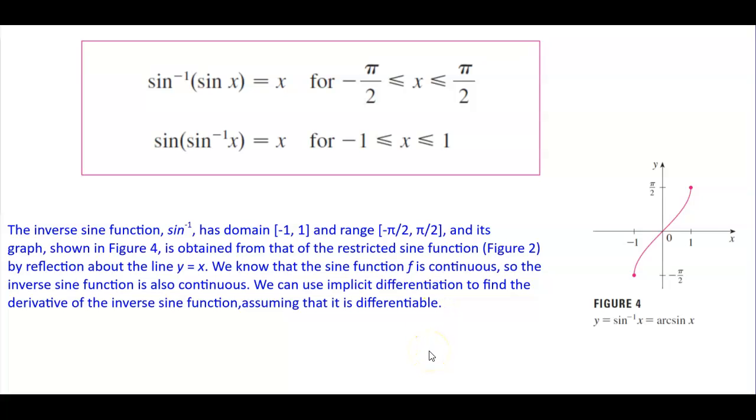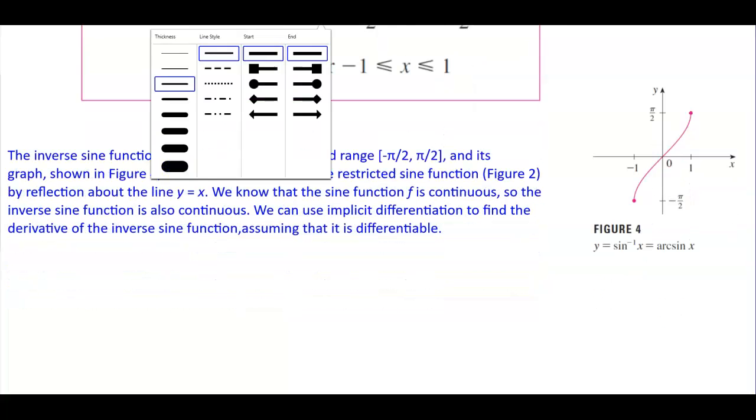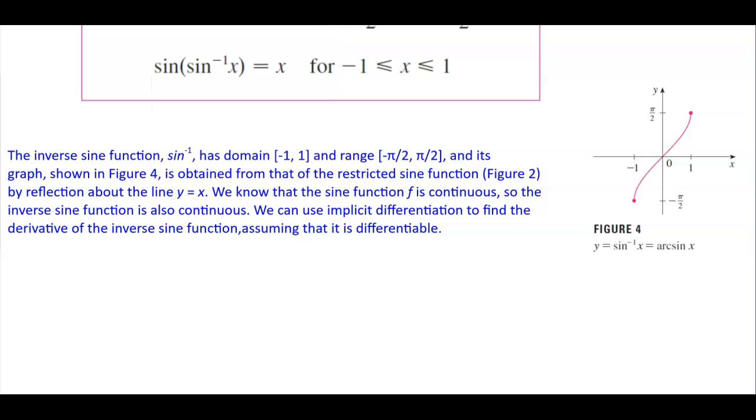We can use implicit differentiation to find the derivative of the inverse sine function, assuming that it is differentiable. So let's go ahead and prove that. All right, so the first thing we're going to do is let y equal the sine inverse of x.